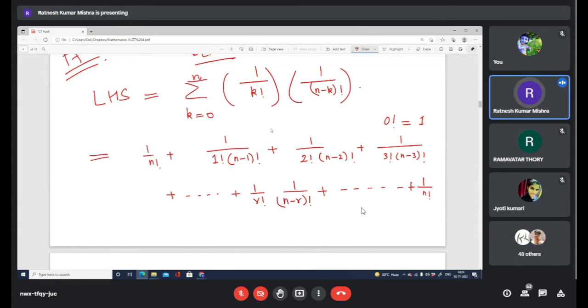So factorial 0, this is the 1. So this is okay.